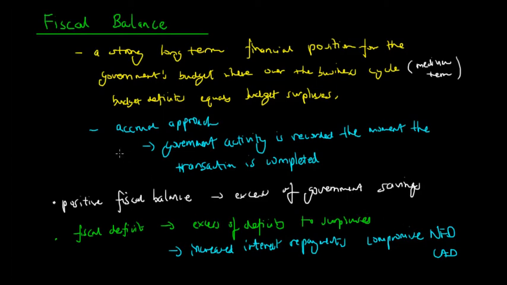Okay, so that is the idea behind fiscal balance. It shows on a very superficial level that the government has achieved these underlying economic goals, and is an indicator. Again, I should note that this is an indicator of government performance.